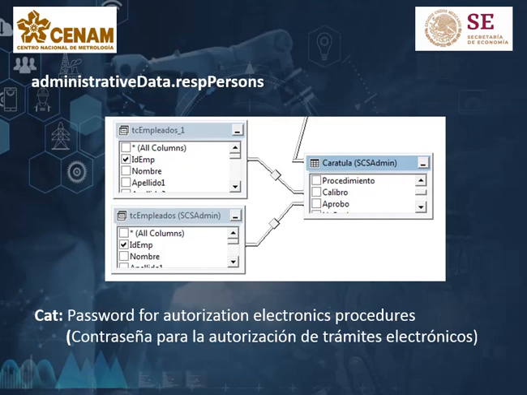I just explained that we have two roles, who did the calibration and who approved the certificate. And we use an electronic signature. So we have the required information for the responsible persons section, but we are going to add our electronic signature in the attribute of the person element.